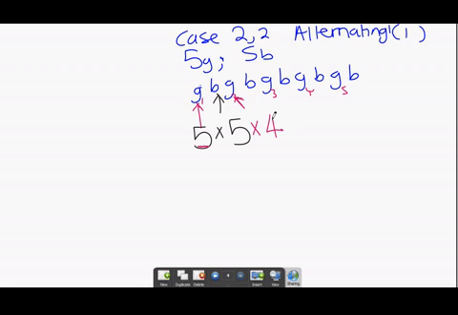Now, same thing with the boys. If I have picked the first boy, it means that this position I can only choose from 4 boys. Then if I go to the next position to pick this girl here, I now have 3 girls left. And same thing here, I've got 3 boys left to choose from.